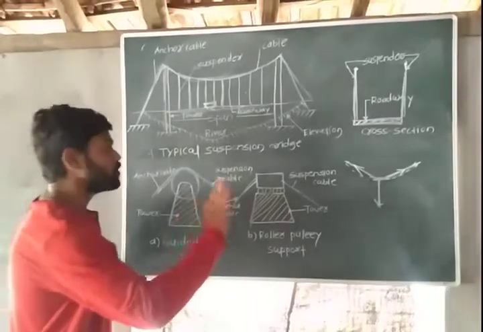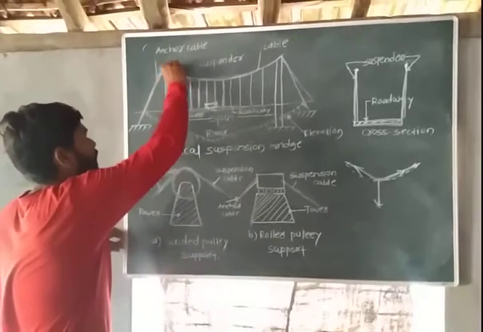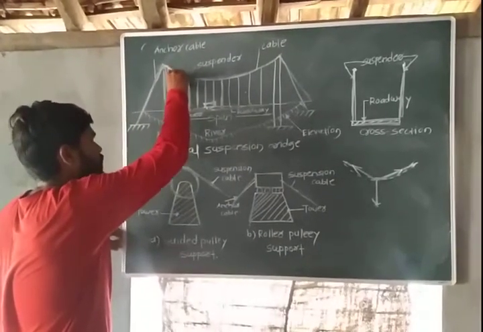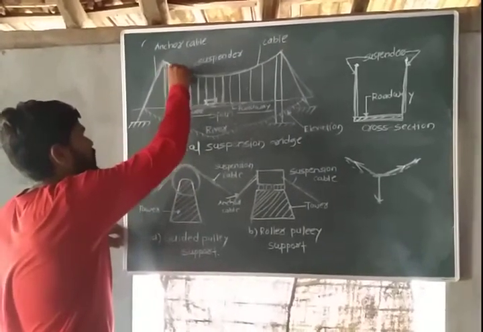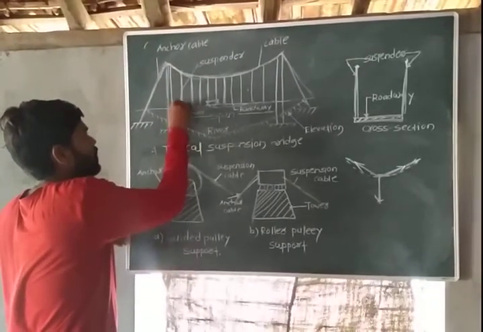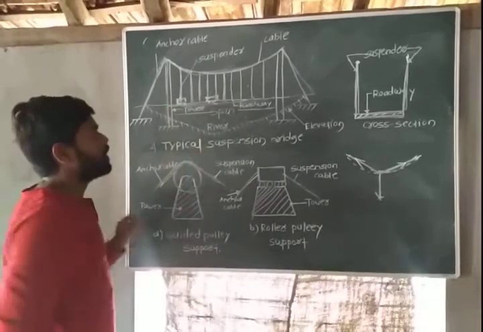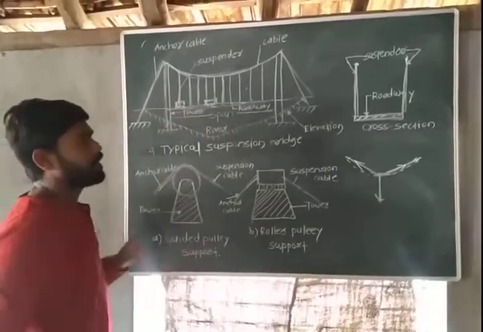Okay, now due to this characteristic of the cable, what happens? Suppose this is the vehicle, or you can say any load over at the carriageway.